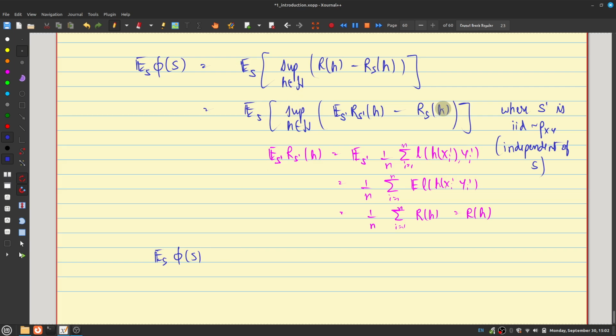Now I have the expected value of phi of S to be equal to this. I'll again make use of the fact that the supremum of A plus B is less than or equal to supremum of A plus supremum of B. So that will allow me to take this expectation outside.